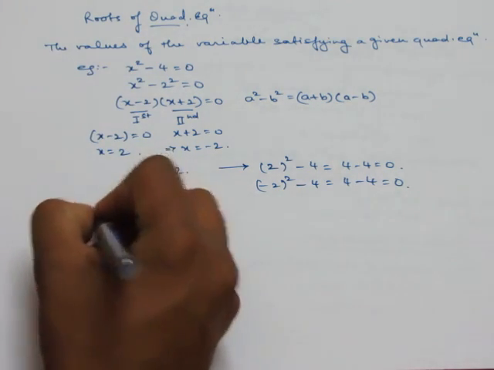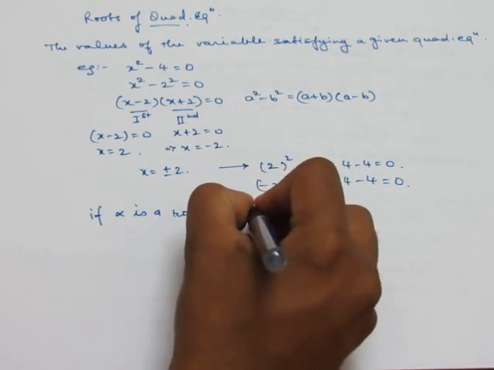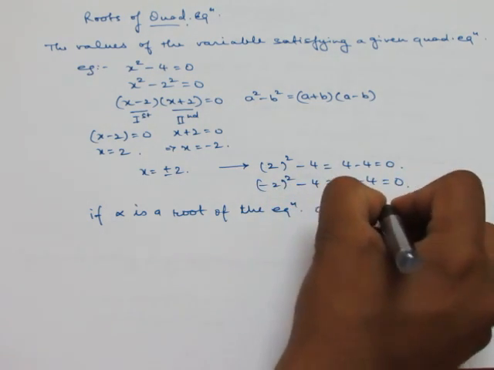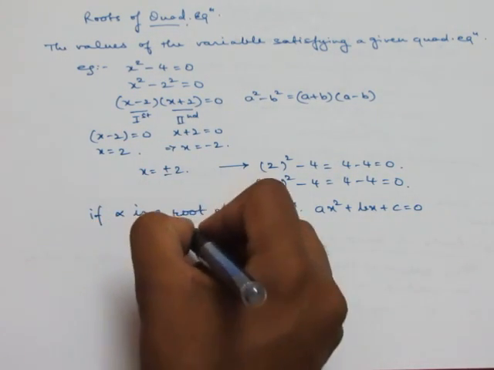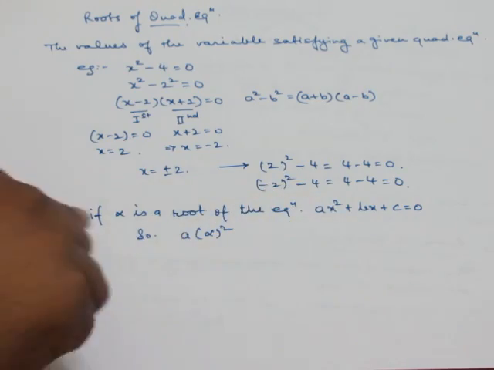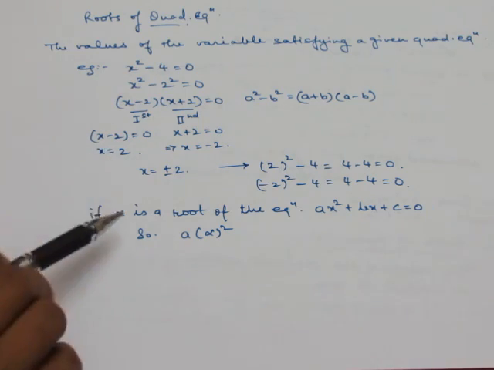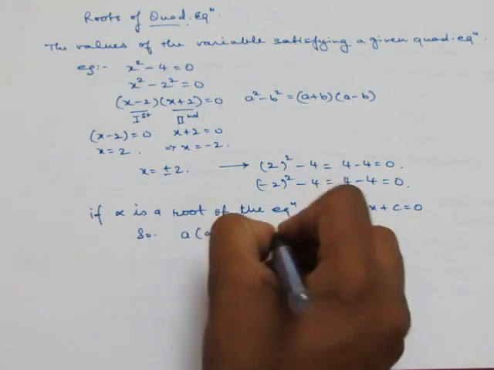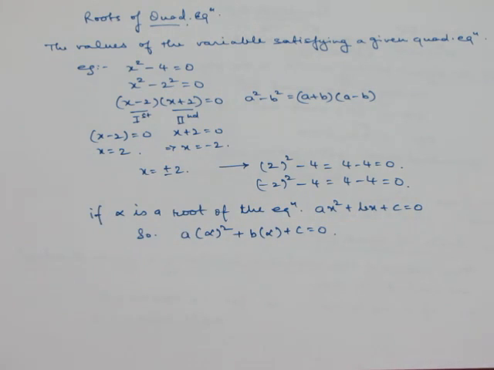So I can write, if alpha is a root of the equation ax square plus bx plus c equals to 0, I can write a into alpha square, I am putting the value of alpha in x, so a alpha square plus b into alpha plus c equals to 0. This I can conclude. This much is fine.